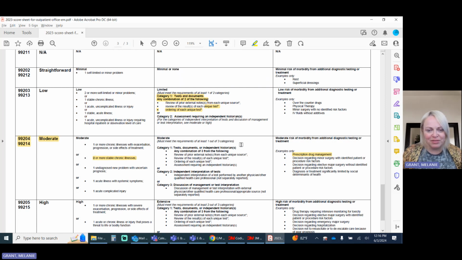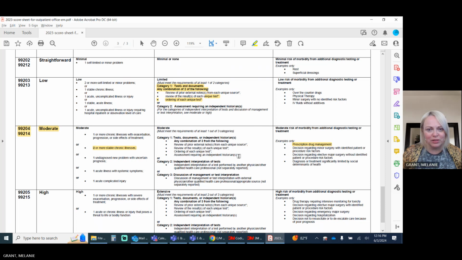However, if they are looking at unique notes, and I should have highlighted that here as well. Okay, so they didn't order. Let's go ahead and delete that. They reviewed. There we go. And it's actually 3 here because you have further notes from the previous provider and 2 of those lab tests. So they will meet a category 1 under both limited and moderate. So the higher level always outweighs the lower.